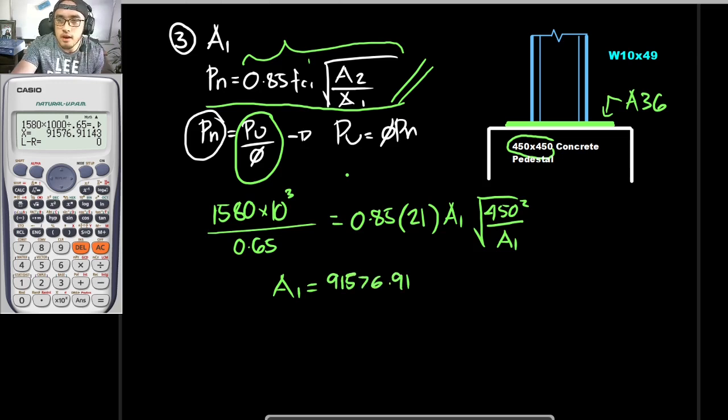Double check para mag-continue na tayo sa ating problem. 0.65, then 0.85 times 21 times area 1 times 450 squared divided by x. Syntax error daw. Shift solve pala kasi dapat. So, 91576.91. So, ang unit natin dito would be millimeter squared.